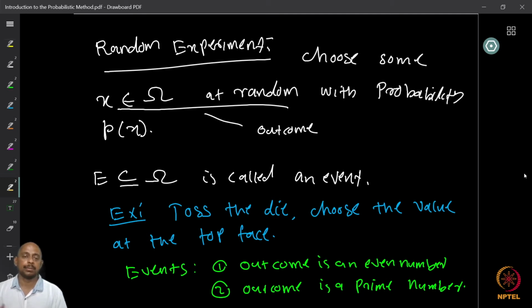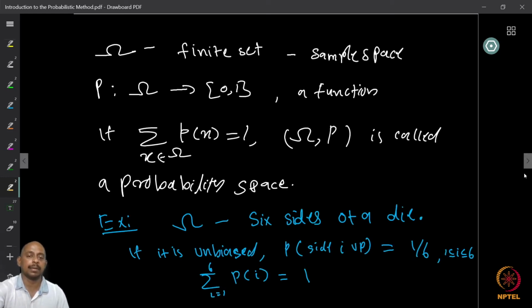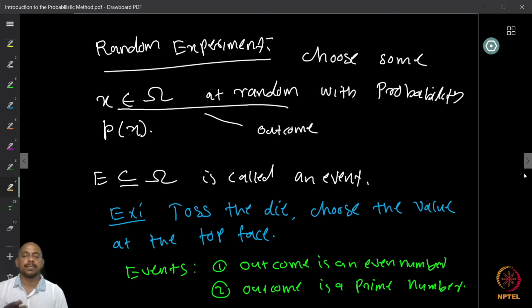Once you have the distribution p in the probability space fixed, we need to be able to choose the elements with that probability. What is the probability for x? That is precisely p of x. If we are able to choose this way, then we say it's a random experiment under this probability space.